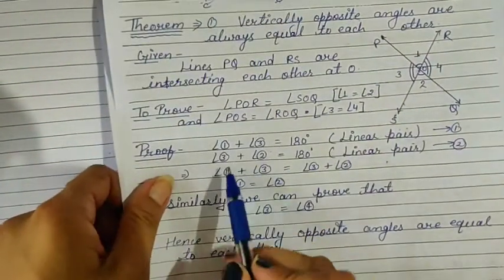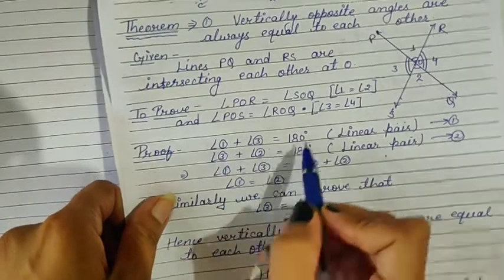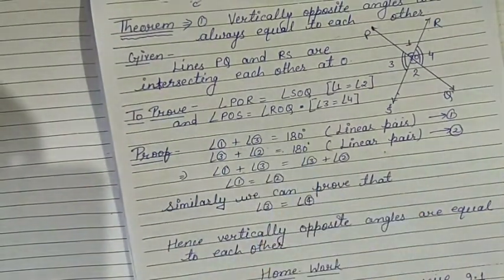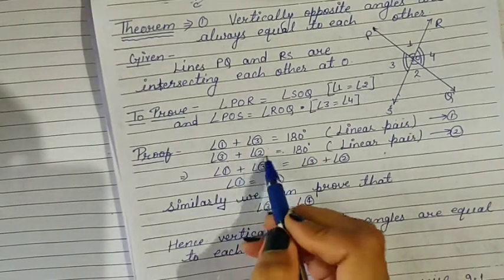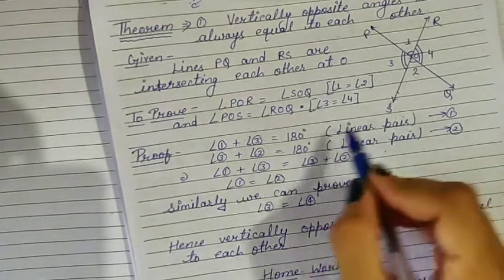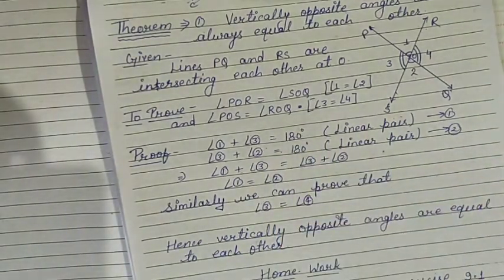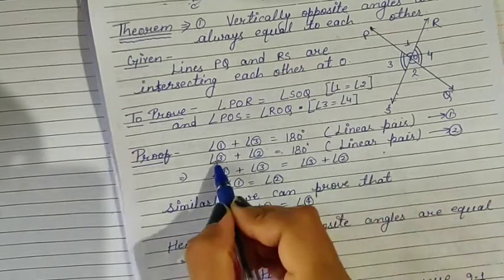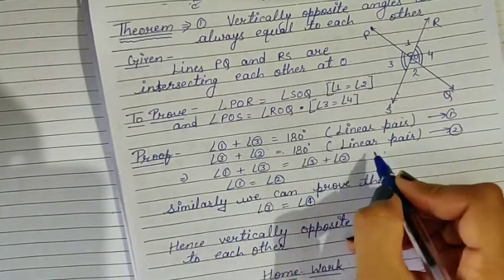Look at these two equations. Angle 1 plus angle 3 equals 180 degrees, and angle 3 plus angle 2 is also equal to 180 degrees. It means the right hand sides of these two equations are equal, so their left hand sides must be equal. So angle 1 plus angle 3 is equal to angle 3 plus angle 2.